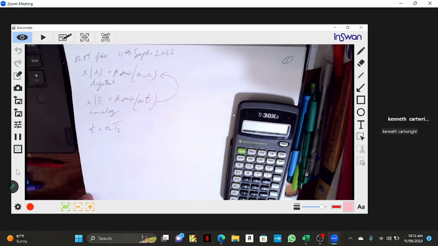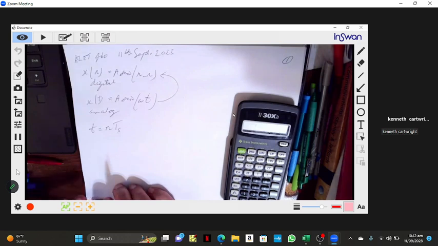And we drop the Ts because it's understood the Ts has to be there. Omega is 2 pi f, and Ts is 1 over fs.